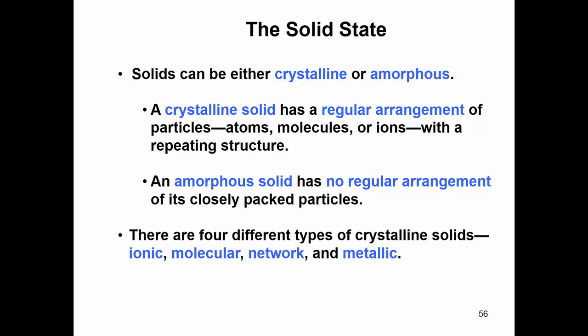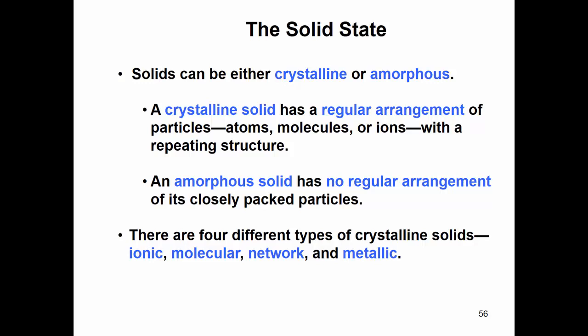All right. In the solid state, solids can either be crystalline or amorphous. Crystalline means that they have a regular arrangement of particles, meaning atoms, molecules, or ions with a repeating structure. So I think of these as being very organized.